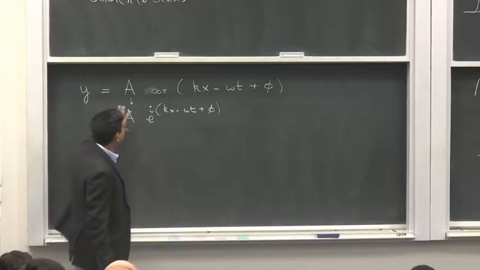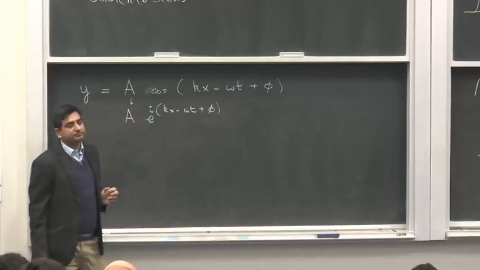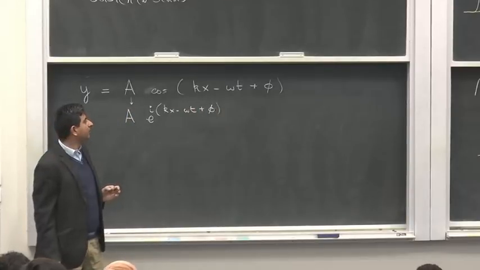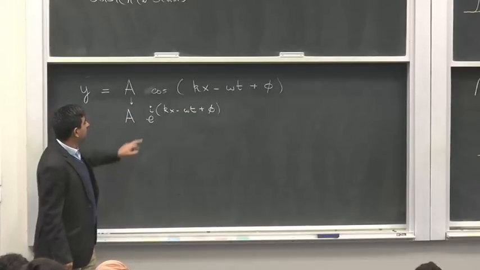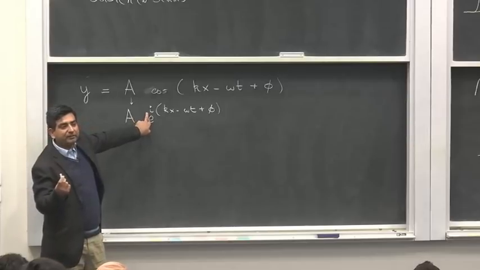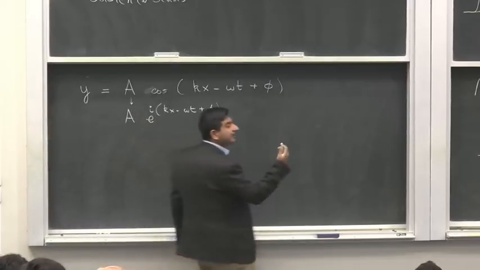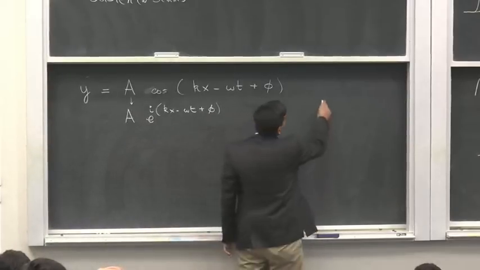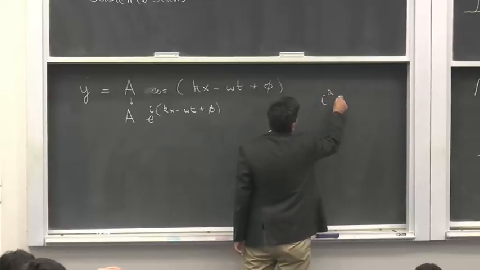Now this is a complex number. Does everyone know what iota is? Iota is an object whose square is minus 1.